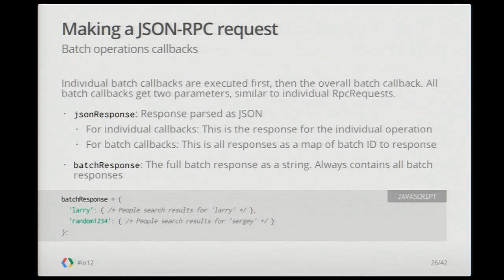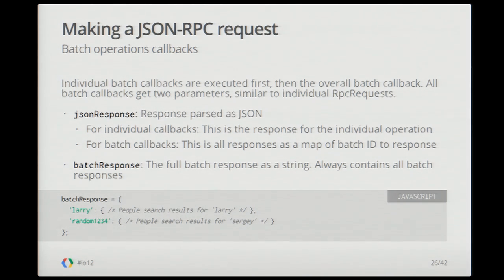So the Larry callback we saw will be executed and only receive the response from the search for people named Larry. It will not see the response for Sergey in this JSON response. For batch callbacks, this is all of the responses, and it's a map of the batch ID to the particular response for that batch operation.